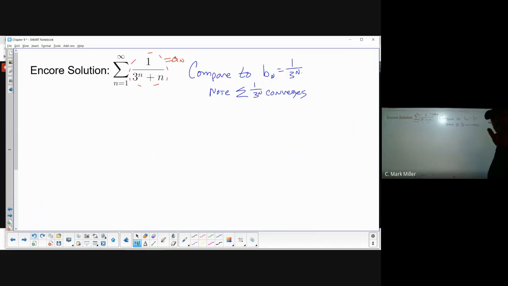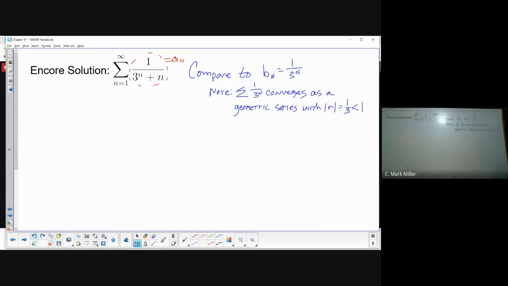Geometric series this time, not p-series. As a geometric series with absolute value of r is 1/3, which is less than 1. Right? That was the criteria for convergence.